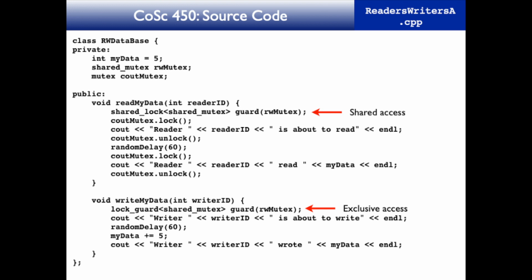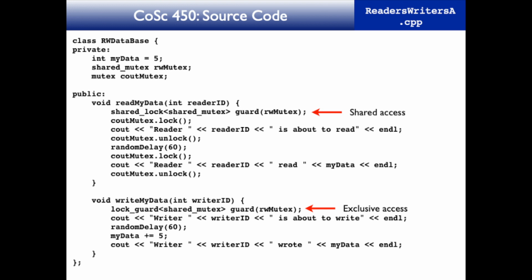The readers are going to come in and read myData and stream it out, report it out. And the writer is going to increment this by 5 each time. So make it 5, and then the next writer will make it 10, and then 15, and so on. So that's going to be our little example of a shared database. And here we have our RW mutex, which stands for reader-writer mutex, which is a shared mutex.